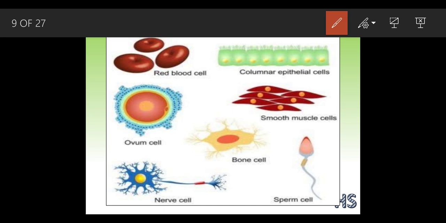This is an RBC, this is an ovum cell, this is a nerve cell, bone cells, sperm cells, smooth muscle cells, columnar epithelial cells. We are going to discuss these in the tissue chapters. As of now, these shapes of the cells are just important.